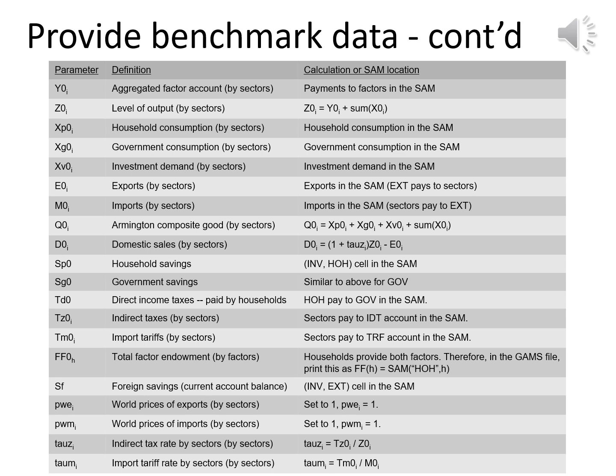So milk and bread row is I, and the household column is HOH. So all you have to write is XP0 in brackets I is equal to SAM, which is the name of the table you have just written in GAMS, and this is equal to SAM in brackets I household.